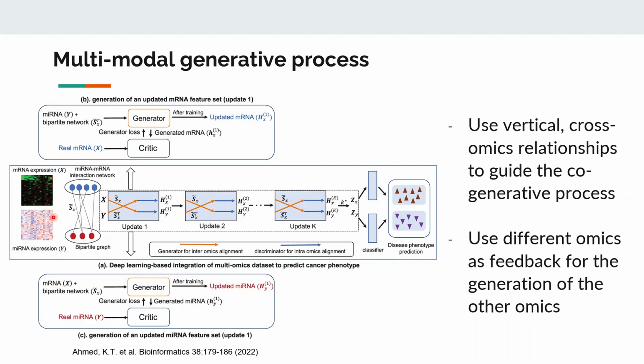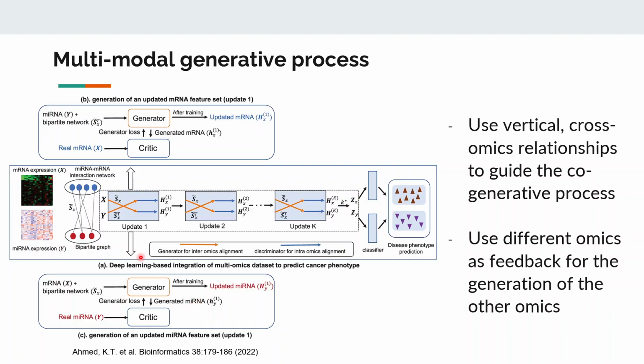If it can understand the relationship between microRNA and gene expression, it should be able to use one mode to predict the other. So there are two generators here. One generator predicts gene expression from microRNA. The other generates microRNA from gene expression.